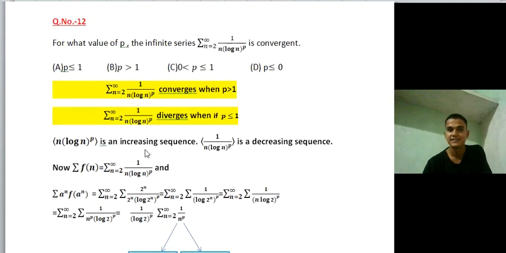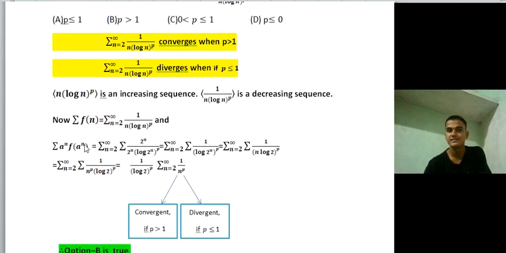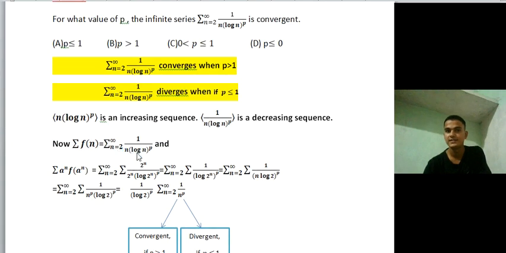We will see. Fn is the series given in the question. So summation a to the power n, f of a to the power n. Let us take a equal to 2. 2 is a positive integer which is greater than 1.